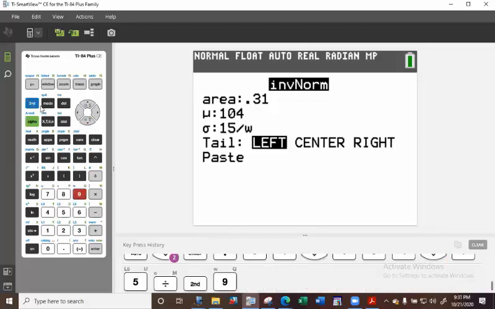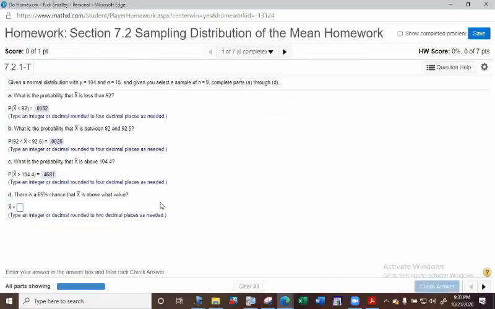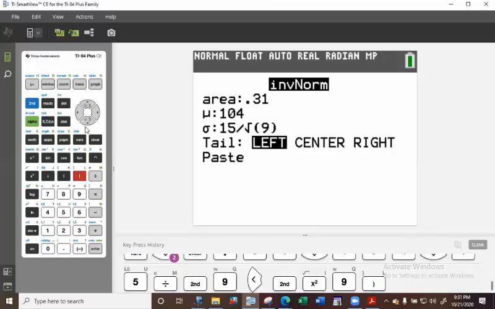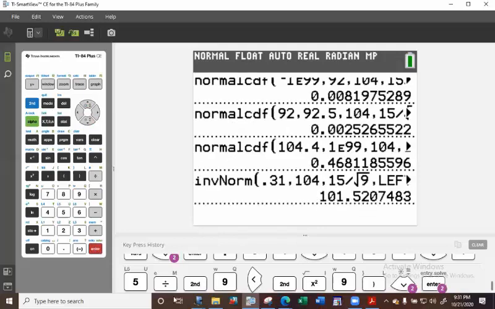Let me double check if these numbers are right before I hit enter here. 15 over square root of 9 and 104. Yeah, that looks good. Paste. 101.52.